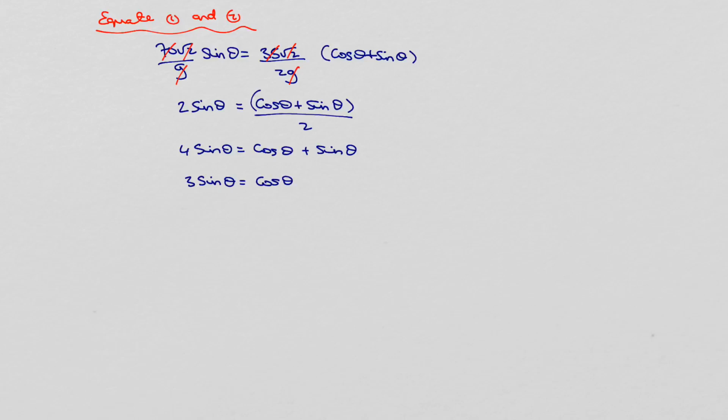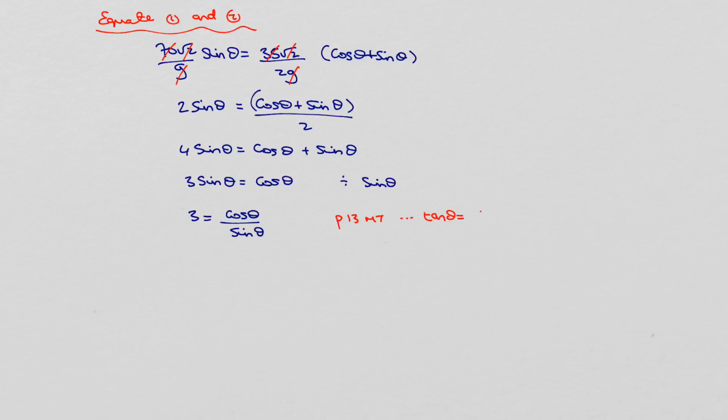Oh, we're getting excited now because we've got a 3. If I divide both sides across by sine theta, then I get 3 is equal to cos theta over sine theta. And in the video you would have seen that that means what? Well, it means tan, doesn't it? But it's tan upside down. So page 13 of your maths tables, what do we know?